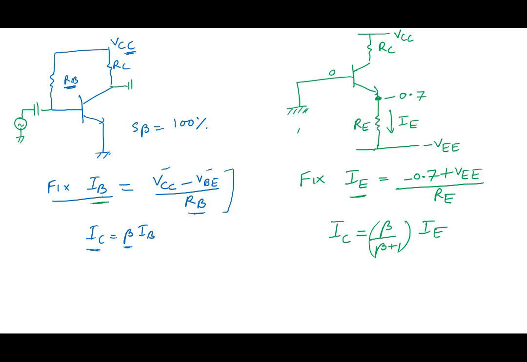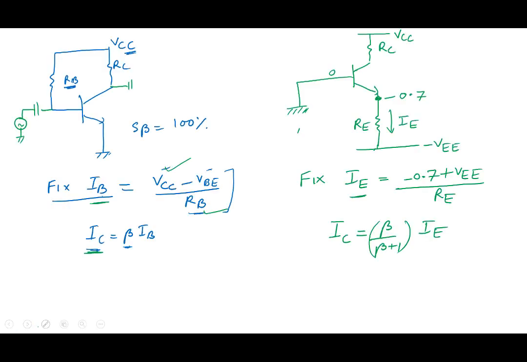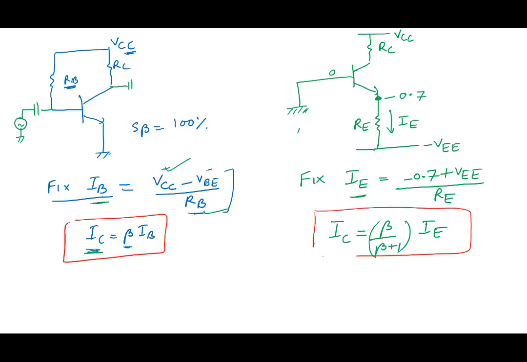In one case, it says fix the value of IB through this supply voltage and through these resistors, and then derive IC from IB by multiplying it with beta. In the next case, it says fix IE, right? So look at these two expressions here, this one and this one.